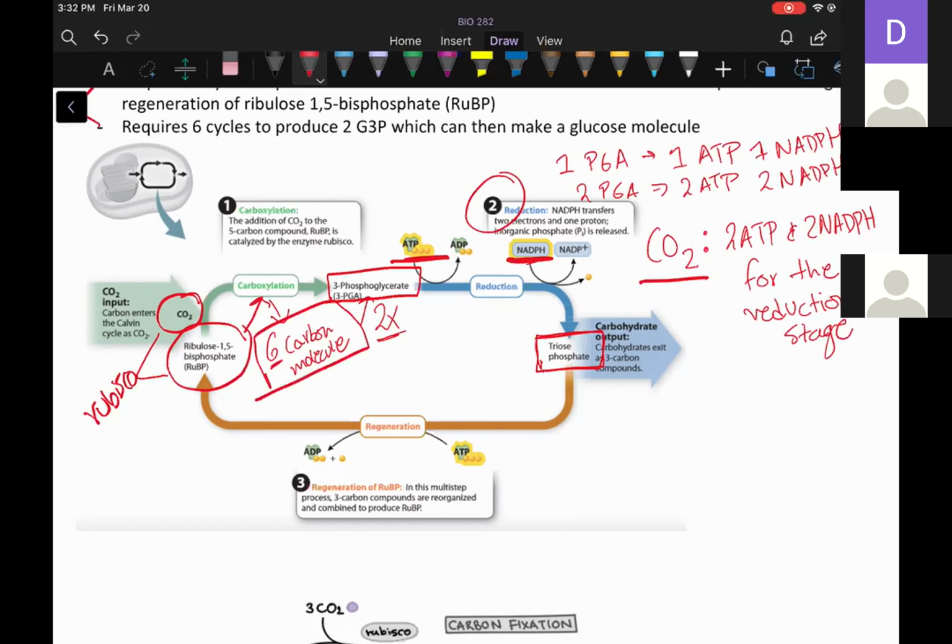So just for the reduction stage, for every molecule of carbon dioxide that enters the Calvin cycle, we're going to need 2 ATP and 2 NADPH. Okay, and what that's going to ultimately produce is 2 triose phosphates, also known as G3P.